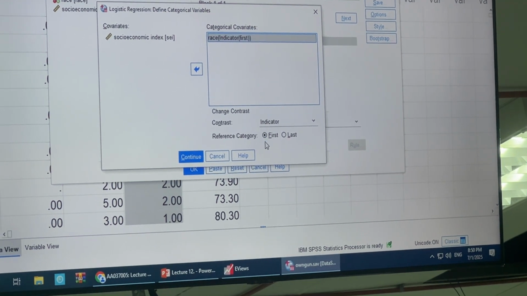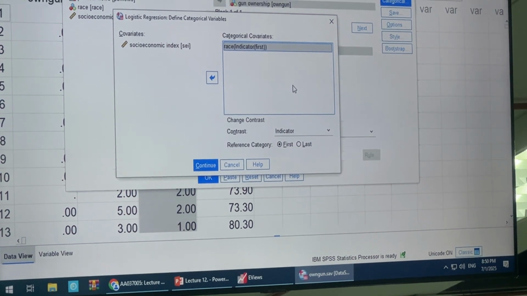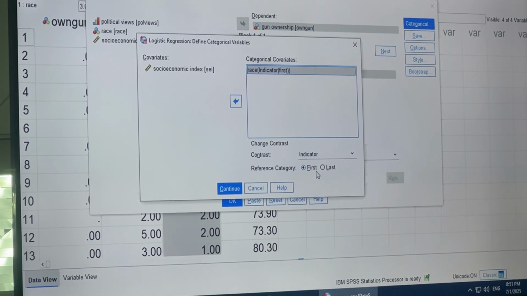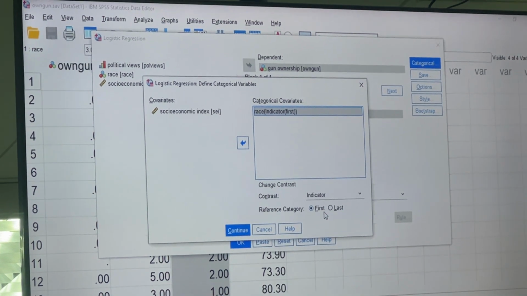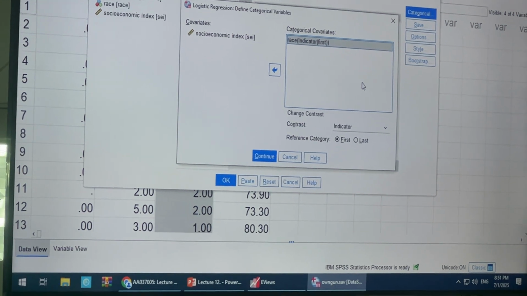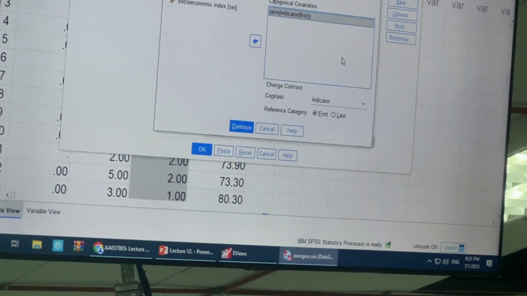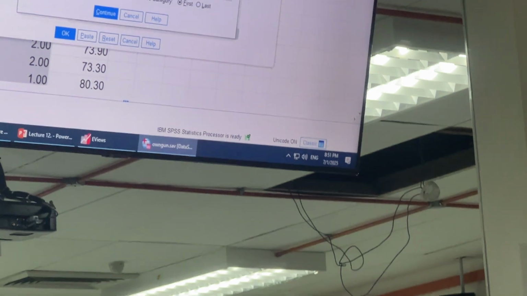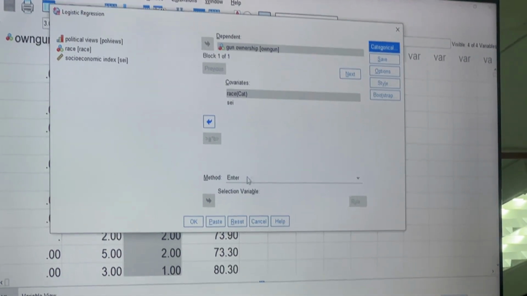Okay, and then let's say you use the first one as the reference category, meaning that the first value, 1, represents white. Continue, okay.